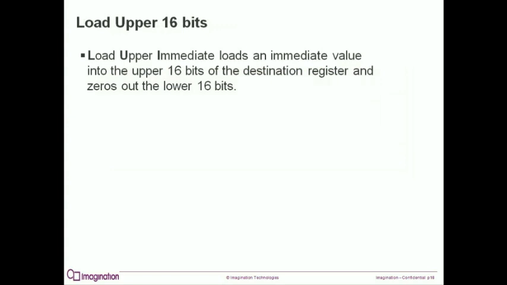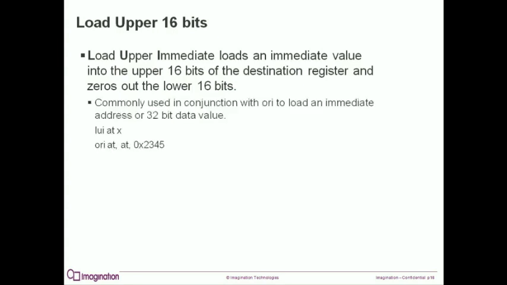The load upper immediate instruction loads the upper 16 bits of a register with an immediate value and zeros the lower 16 bits of the same register. It is useful when you need to load a 32-bit immediate value into a register.